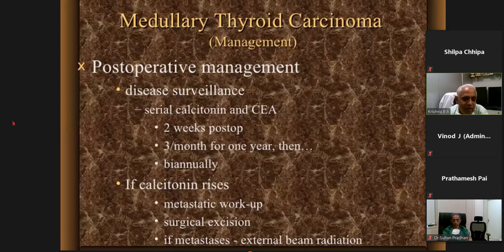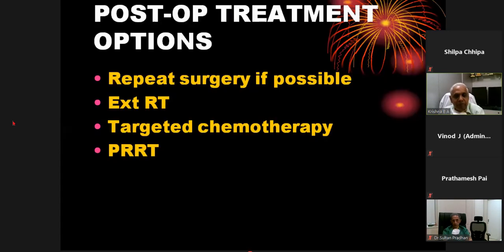Post-operative management is surveillance with serial calcitonin and CEA, 2 weeks post-op, then every 3 months for 1 year, then biannually. If calcitonin rises, do a metastatic workup, surgical excision of those which can be surgically tackled, and if metastasis, external beam radiation if surgery is not feasible or other modalities of therapy are not to be considered for any reason.